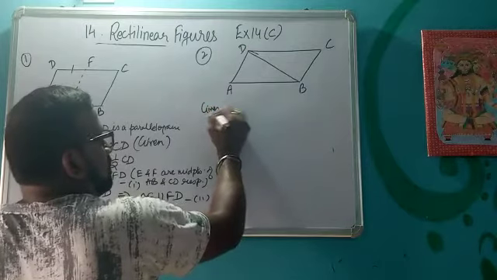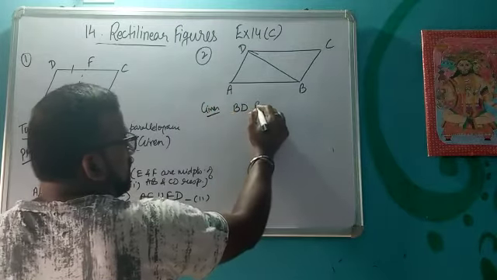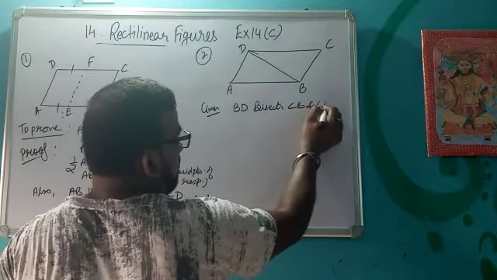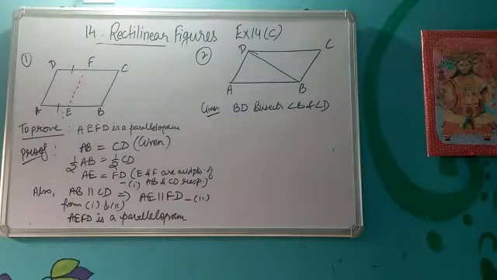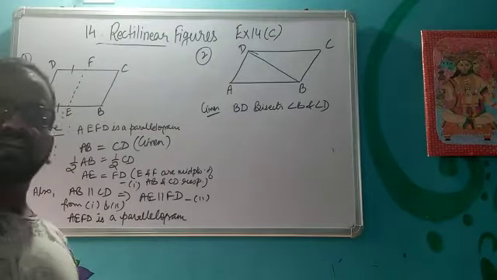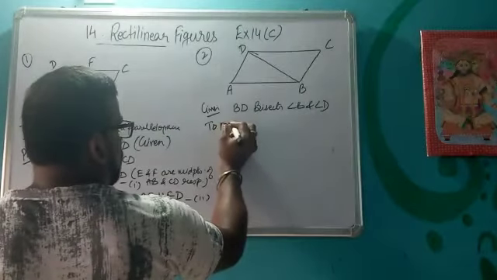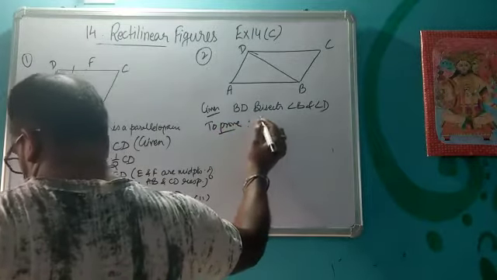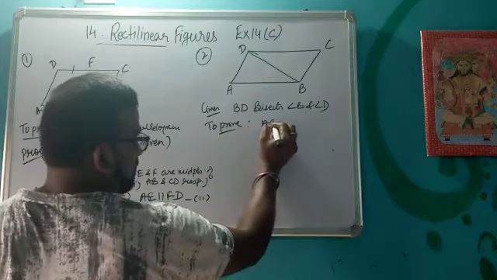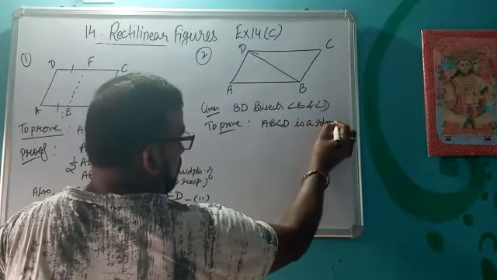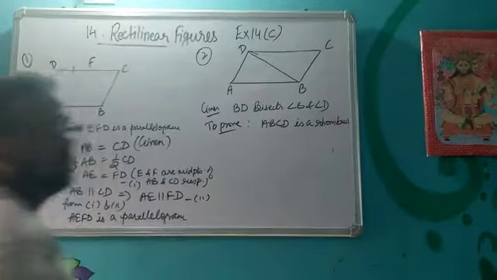Given is BD bisects angle B and angle D. Now what we have to prove in this: ABCD is a rhombus. Okay, we have to prove ABCD is a rhombus.